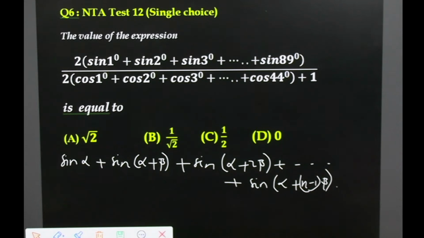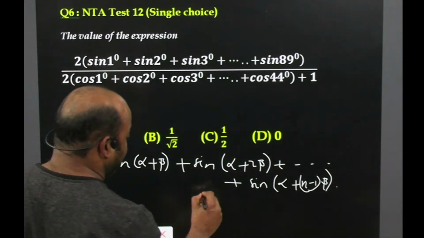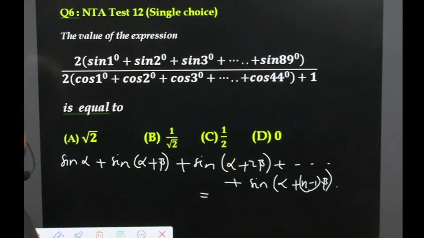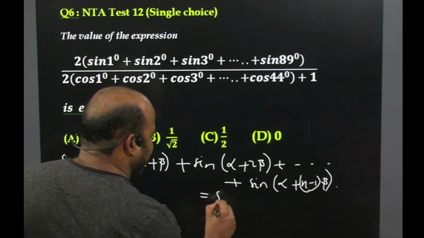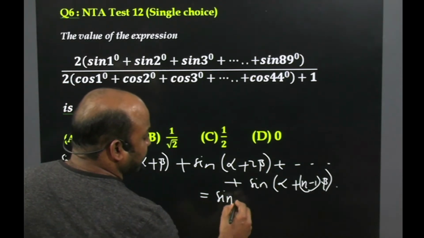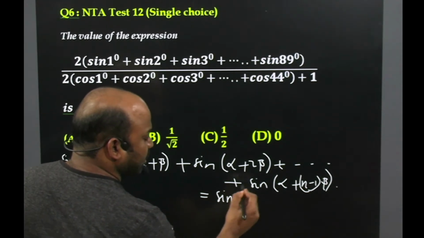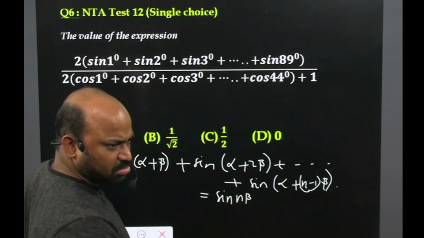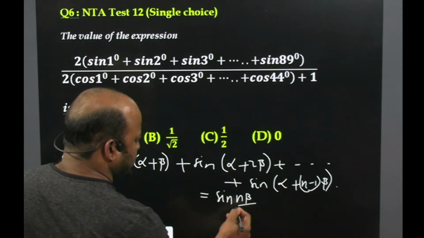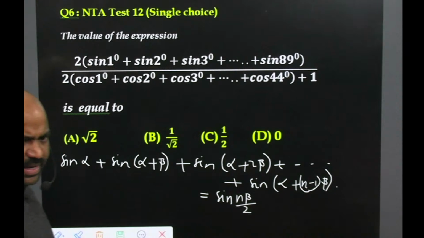That value is equal to, did you remember any one of you? That's beautiful. When you got sin n beta by 2. What is beta? Do you know? Common difference.